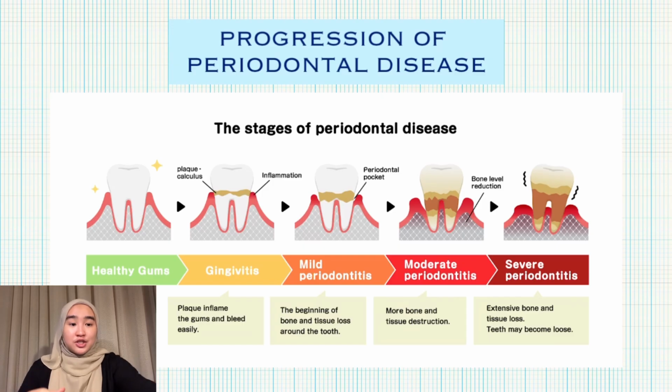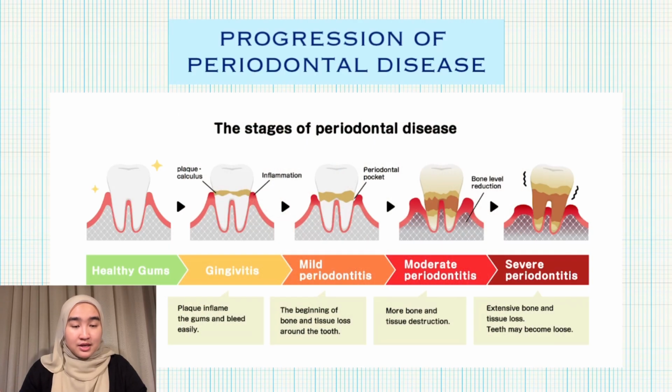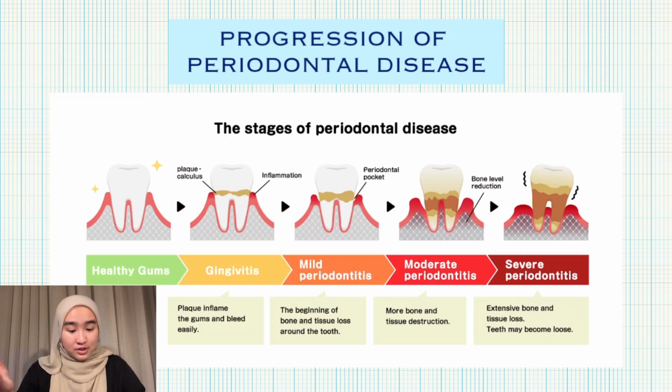The second stage is gingivitis. In gingivitis, plaque inflames the gums and they bleed easily, which means your gums are red because there is bleeding when you brush and floss. You can smell a little bit of bad breath, but there is no bone loss or tooth mobility.